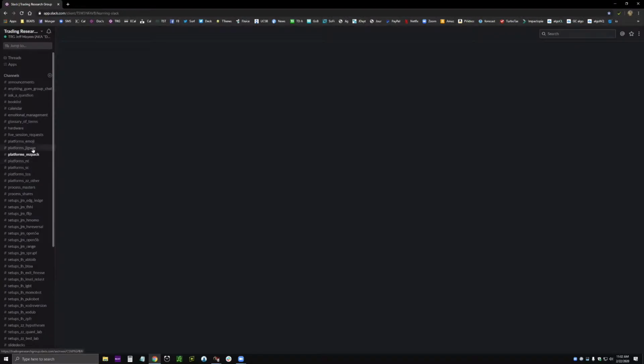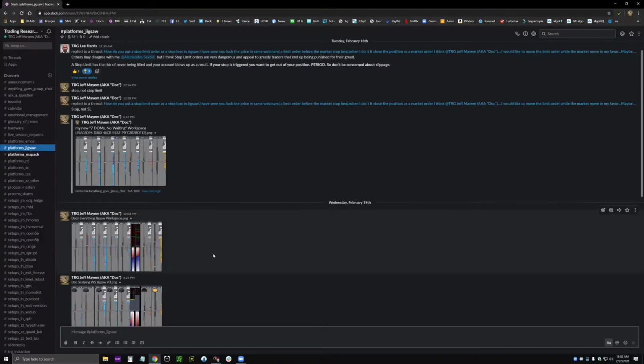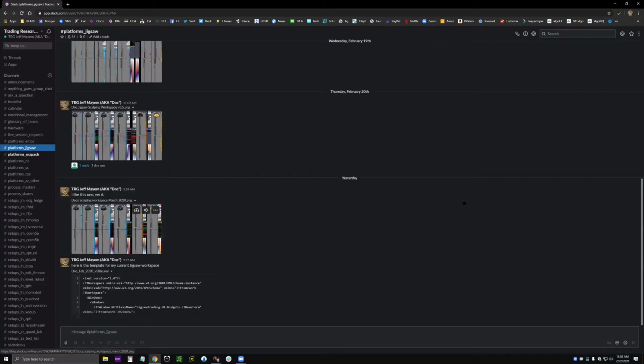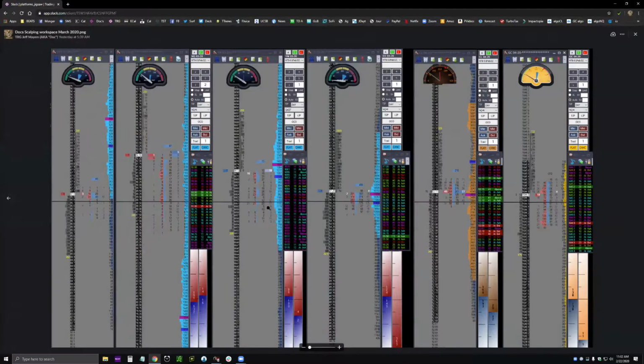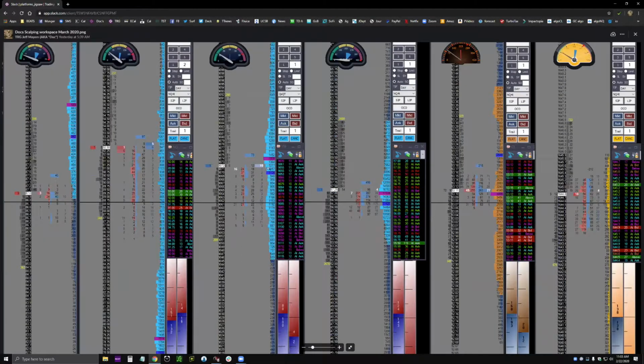What Lee was referring to with the current and resets is that you can reset any of these columns individually or all at once. So you're constantly building little mini footprints in Jigsaw and right on the DOM.